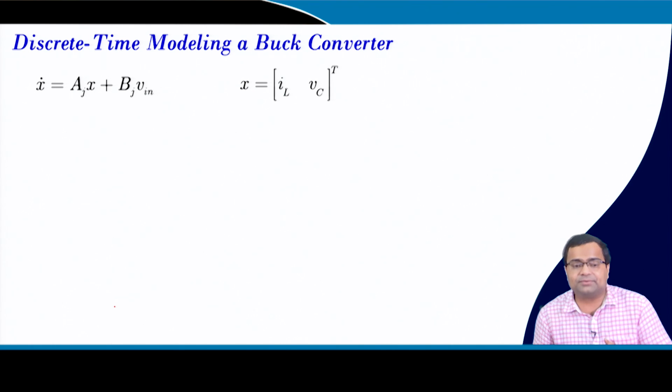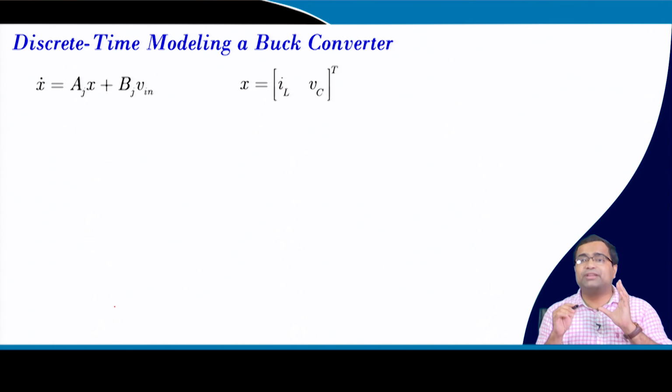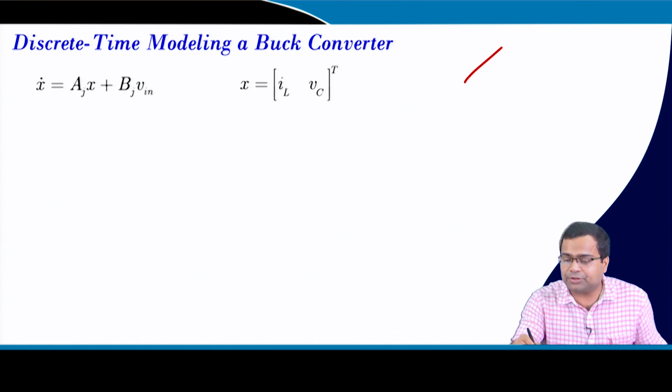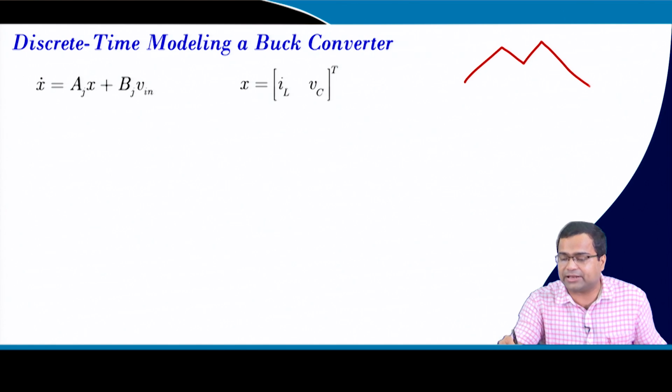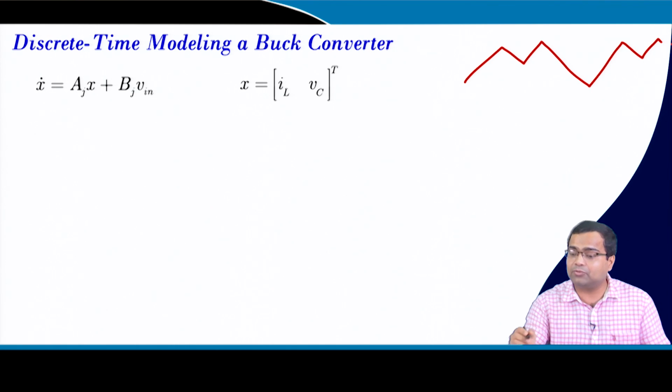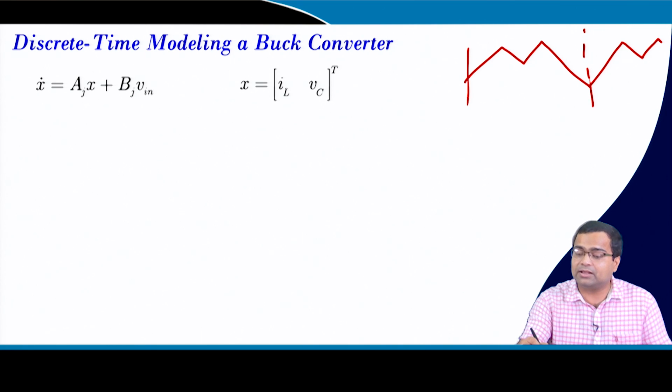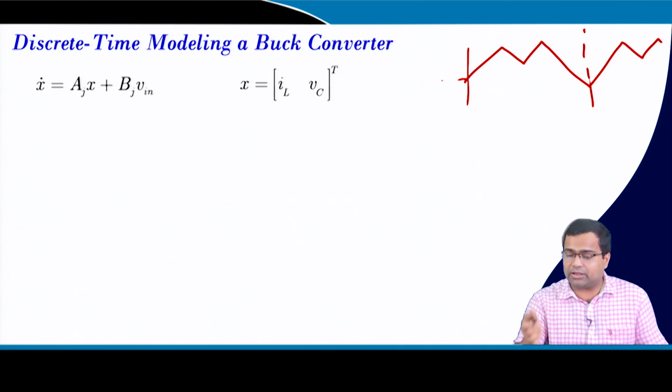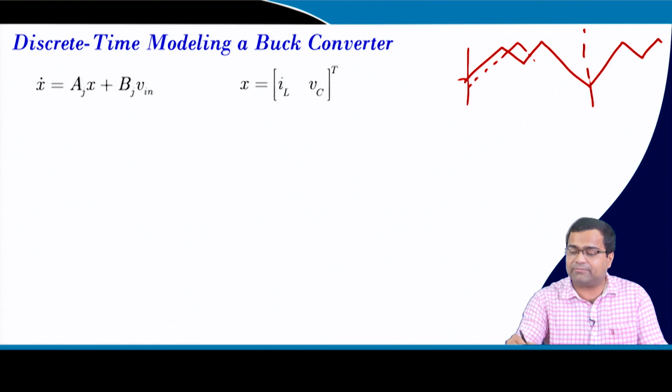And the last one, when we talk about subharmonic instability, there can be this kind of scenario which cannot be captured by a small signal model, and then we need to go for discrete time model, and find out under what condition this stable periodic behavior is lost.